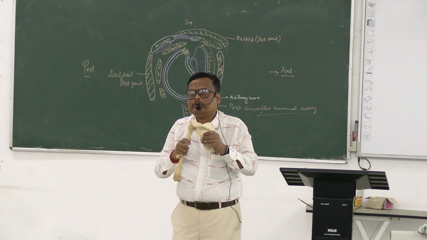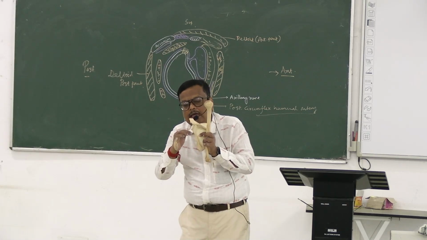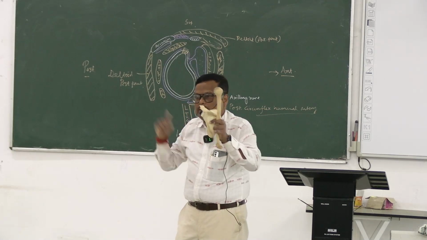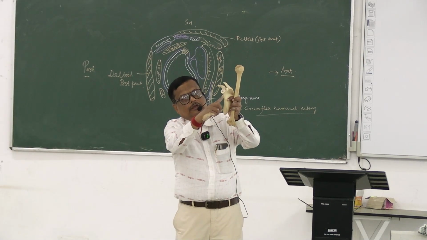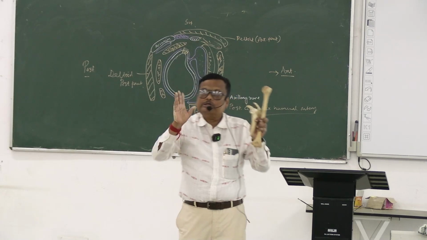But inferiorly triceps are there, but slightly away. A gap remains here, as triceps arises from the infraglenoid tubercle, and this gap is enough.